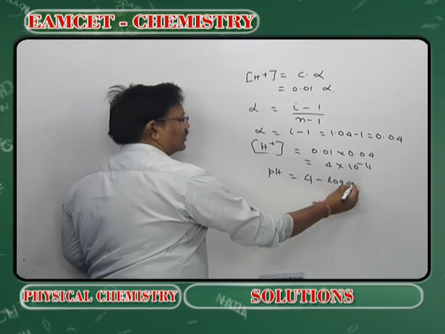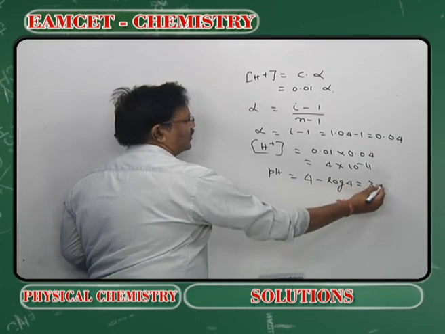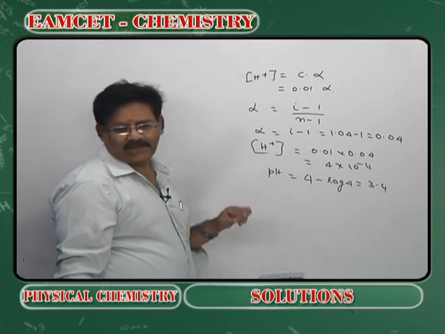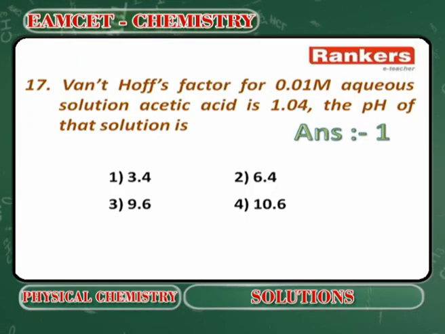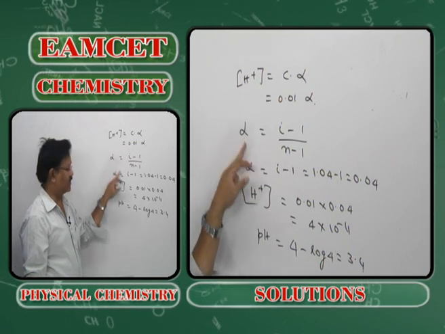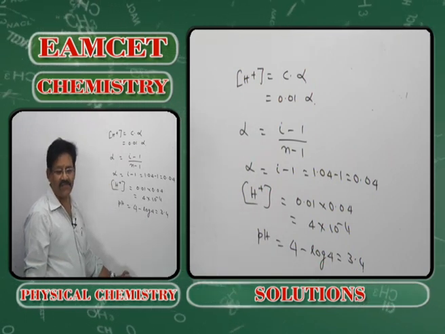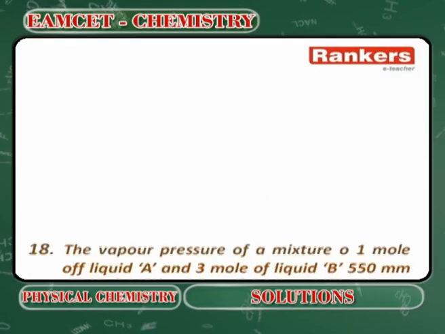It will be 3.4. So option 1 is the answer. So to calculate the pH value, what must be known? H plus ion concentration. For a weak acid, H plus ion concentration is equal to C alpha. We know the C value, we have calculated the alpha value as this, and finally the pH value is 3.4. Next.